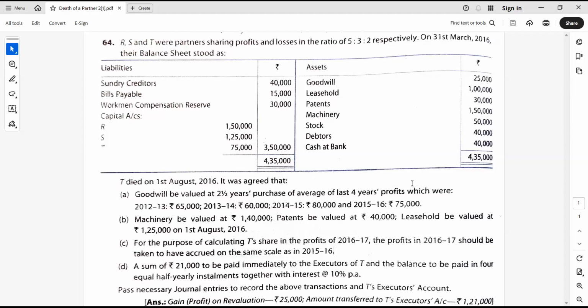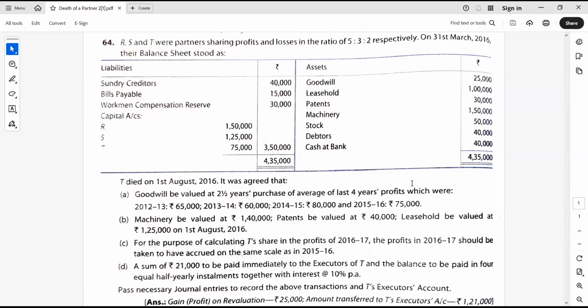Machinery we valued at 1,40,000. Patent we valued at 40,000. Leasehold we valued at 1,25,000. For the purpose of calculating T's share in profit of 2016-17, the profit in 2016-17 should be taken to have accrued on the same scale as in 2015-16.